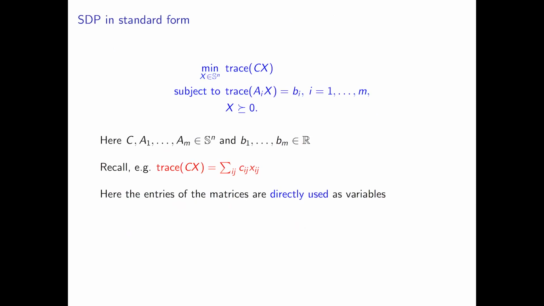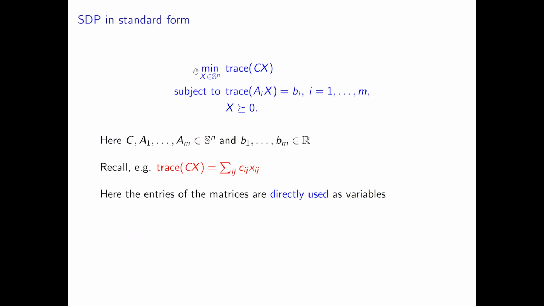There's another form in which the SDPs show up, which is analogous to the way in which linear programs have another form, which we call the standard form. In this form, the variables are actually more akin to what I had in that earlier picture, which is that they are the coefficients of the symmetric matrix itself. So now the variables are the coefficients of a symmetric matrix. The minimization is over a symmetric matrix.